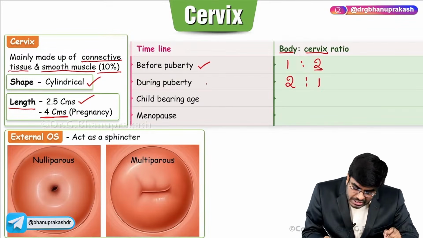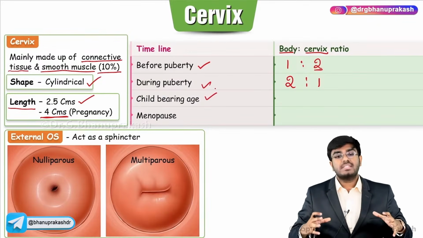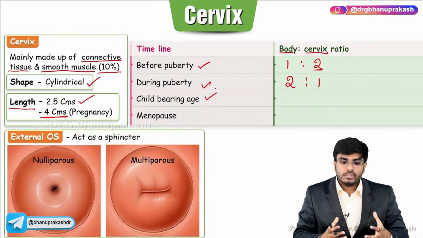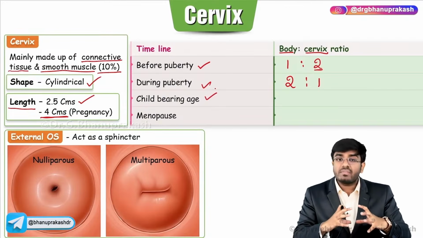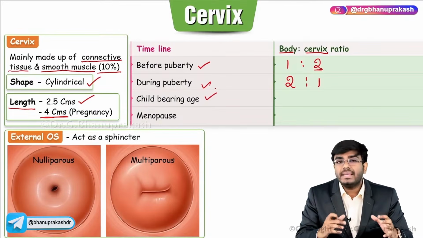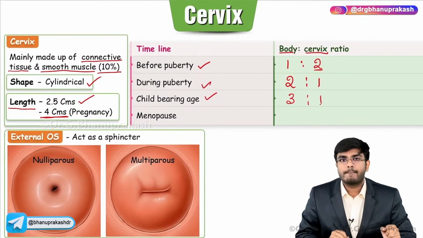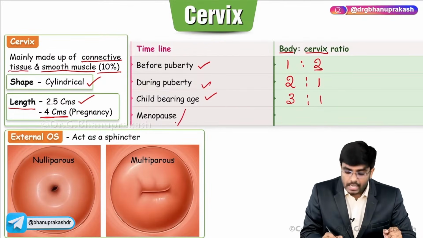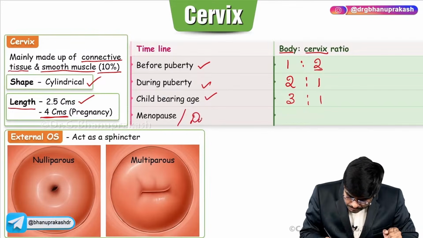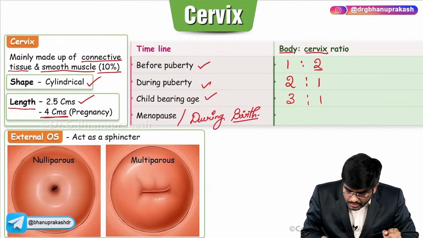Now during childbearing age, when she is able to bear a child, the body of the uterus is much bigger, and it becomes 3:1.